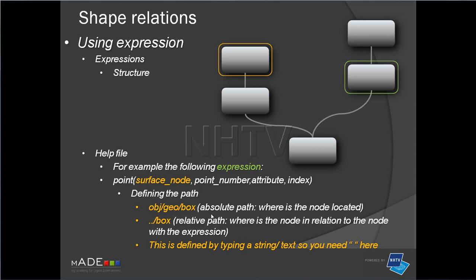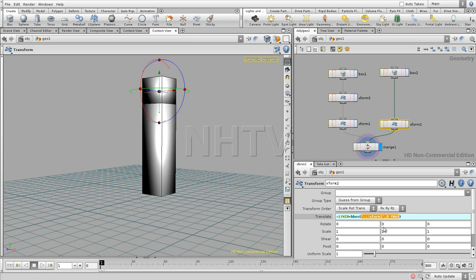Now, if we go back to Houdini and type it in over here, for example, point, you will see you also get this little help file if you stop. Now you see the following things: string, surface node, float, point number, string, attribute, float, index.